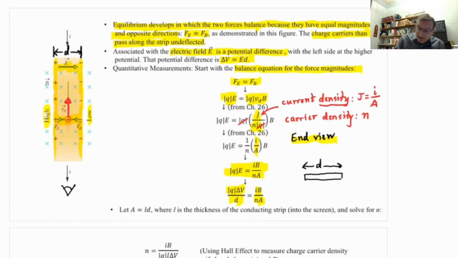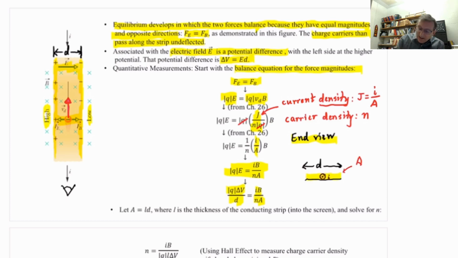Okay, now the current is coming straight out towards us, right through here, I, the conventional current. And it's all throughout that area, right there. So that's the area A we're talking about. So I need one more dimension. I need to know one more thing.